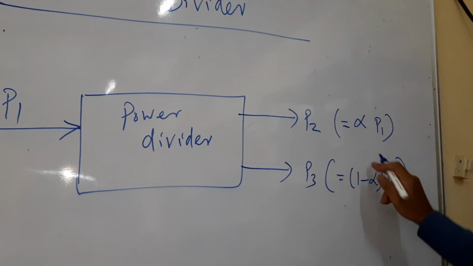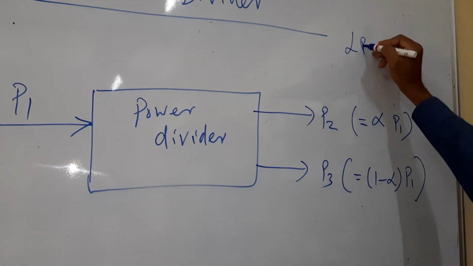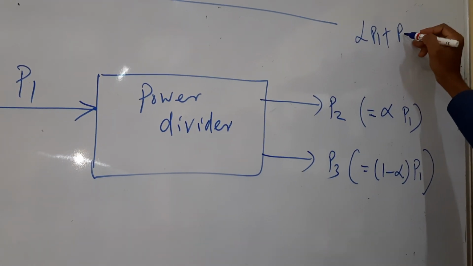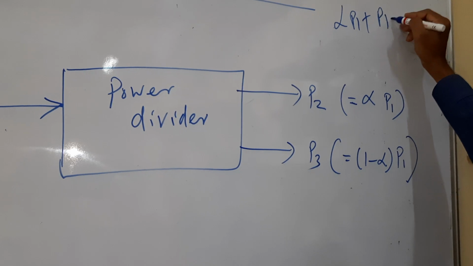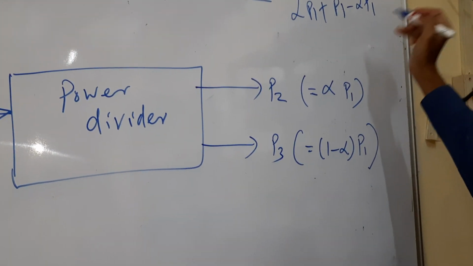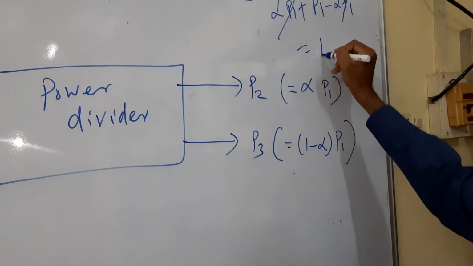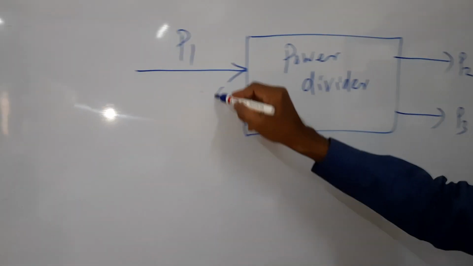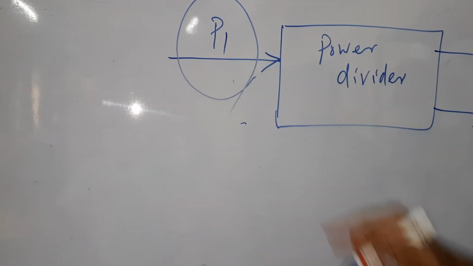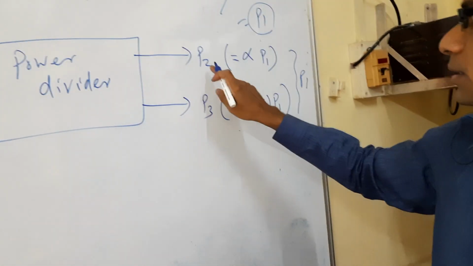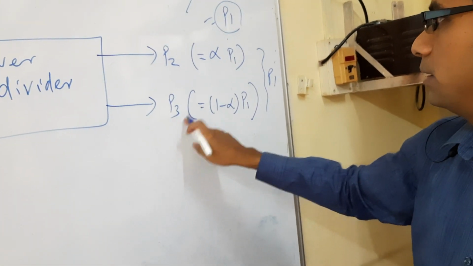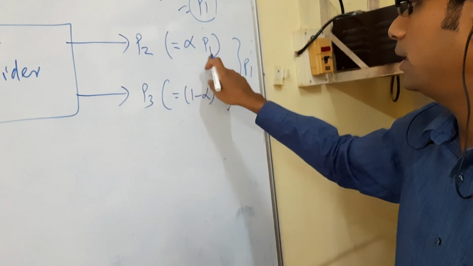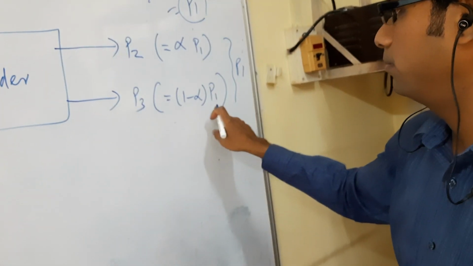If you add these two, alpha P1 plus P1 minus alpha P1, the alpha P1 terms cancel. So the total output is P1, which is given from this. That means this P1 is divided into two parts, P2 and P3. P2 is some fraction of P1 and P3 is some fraction of P1.